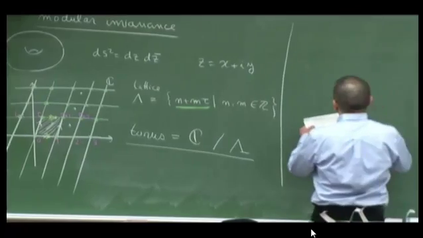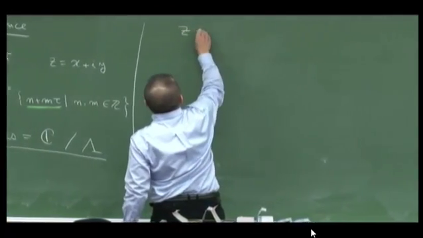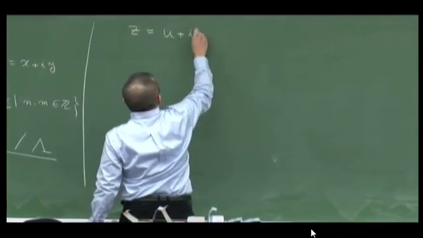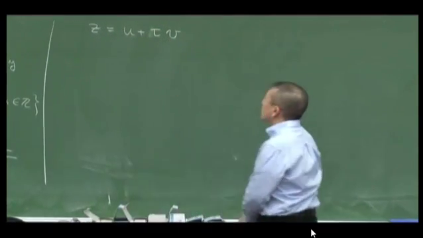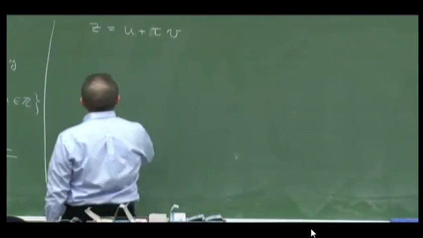But instead, let's try introducing the following coordinate: u plus tau v, okay, where u and v are real coordinates. So we choose u and v to be coordinates.